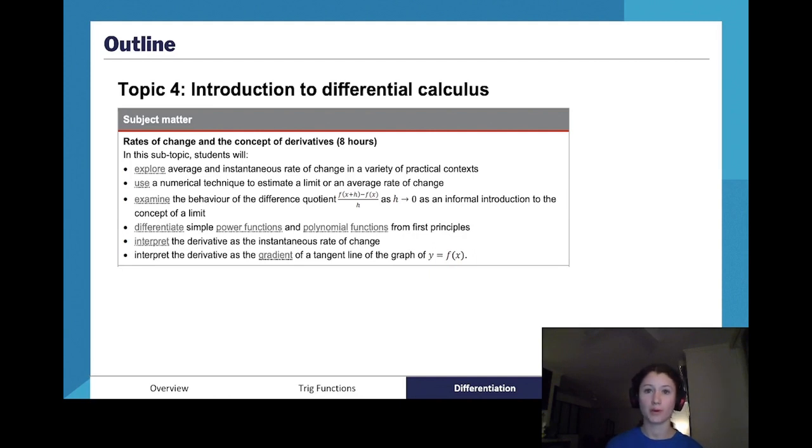Then what you're going to do is actually differentiate power functions and polynomial functions from first principles, and then interpret the derivative as the instantaneous rate of change and as the gradient of a tangent line off of a function. So this sounds like a lot, so let's get started.